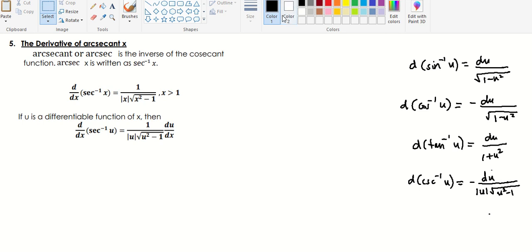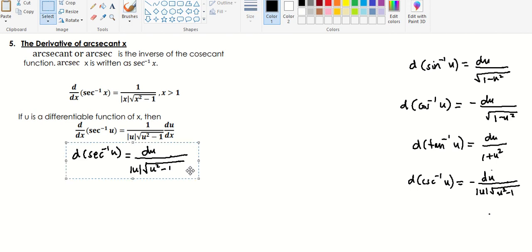Or we could rewrite this as the derivative of arc secant u is equal to du over the absolute value of u times the square root of u squared minus 1. Alright?